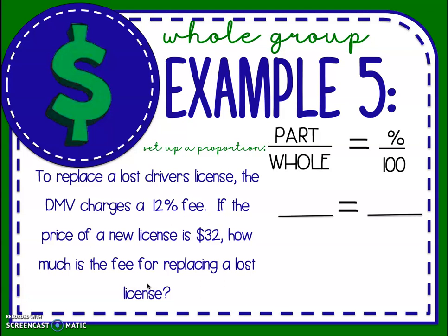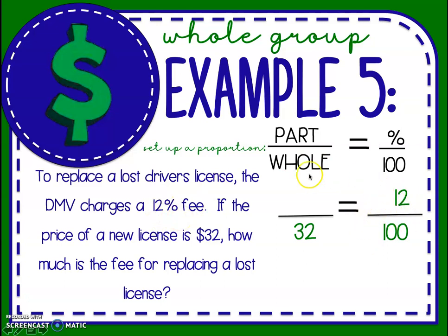We're going to fill in the pieces that we know. I know that the price of a new license, or the whole price, is $32. So where the whole is, that's where I'm going to put my 32. I know percent's always out of 100, so this spot is always 100. The percent fee is 12%, so my percent is 12.